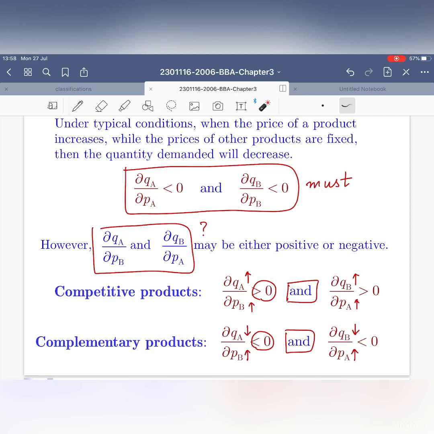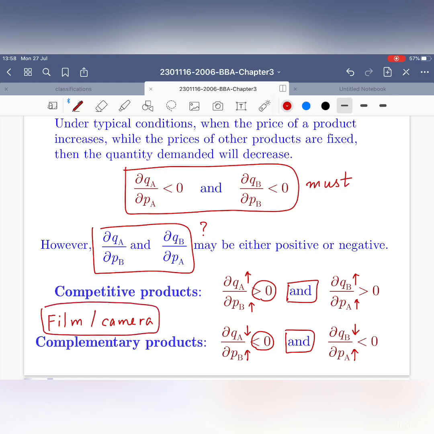Usually the old kind of example for the complementary product is the film and the camera, right? If people buy a camera and don't buy film, then the camera cannot be used, right? Or people buy film but not the camera, then you cannot take a photo as well.